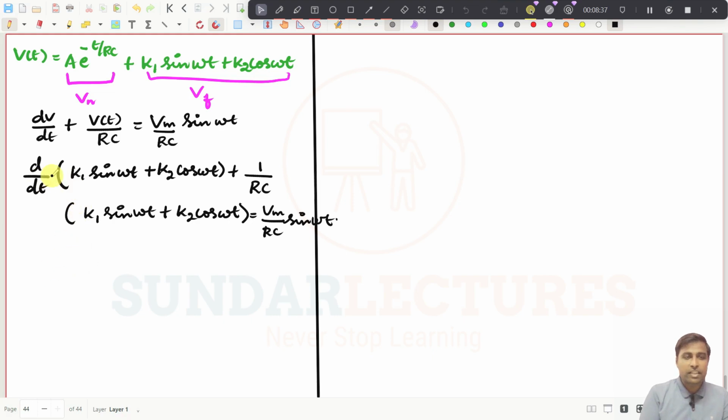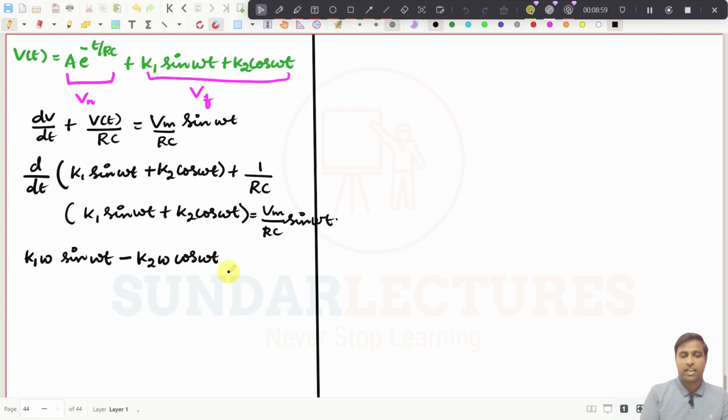And if you differentiate this one, what will you get? You will get this expression. This is K1 into omega cos omega t, right? And then if you differentiate cos omega t, it will be minus sin omega t, so it will be minus K2 omega sin omega t.